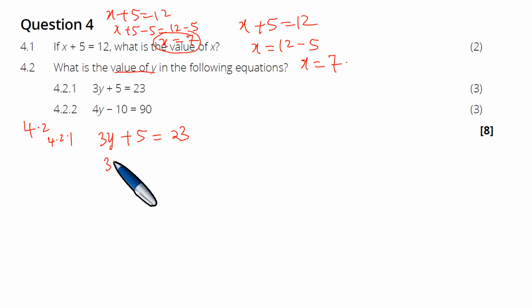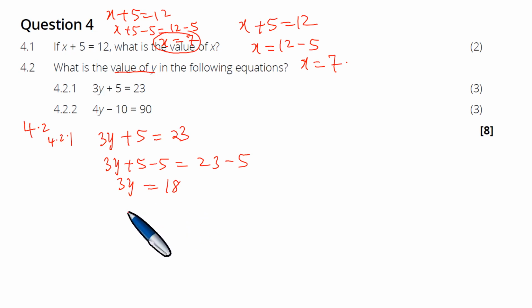So to remove the 5, what do we do? Because the 5 is adding, we subtract 5, because it's a plus, so minus. And then we also subtract on the right-hand side. So now 5 minus 5 is equal to what? 0. We don't write the 0. And then what is 23 minus 5? You get exactly 18, right?